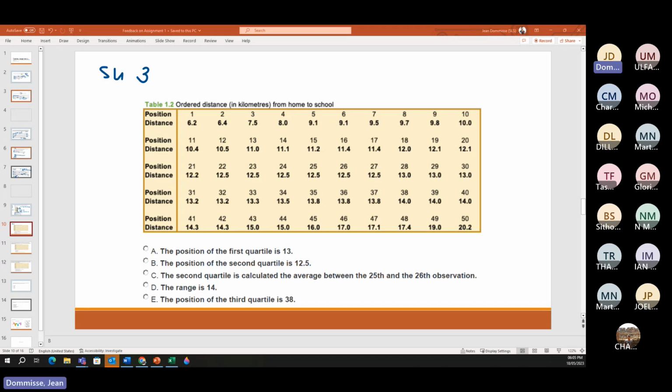So let me just quickly put in 13, so in row 3. While you guys are, can you look at what the range is, and what some of the other things would be as well?